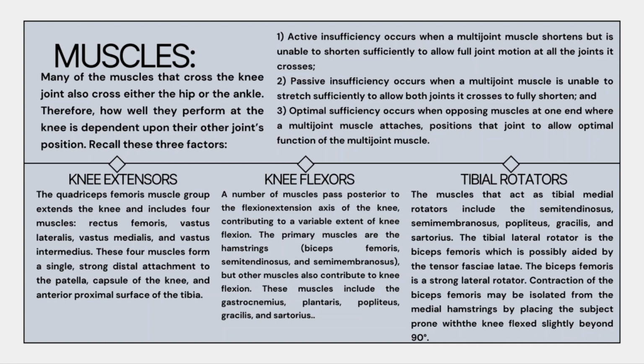These four muscles form a single, strong distal attachment to the patella, capsule of the knee, and an anterior proximal surface of the tibia. So yun, yung apat na muscle group na yan is ma-notice mo siya, syempre, and observe sa quads mo or sa thigh mo. And separate unit sila, syempre, dahil group sila, hindi sila isang buong muscle, tigi-tigi sila. Whereas in other subjects, the boundaries of the muscle are less distinct.